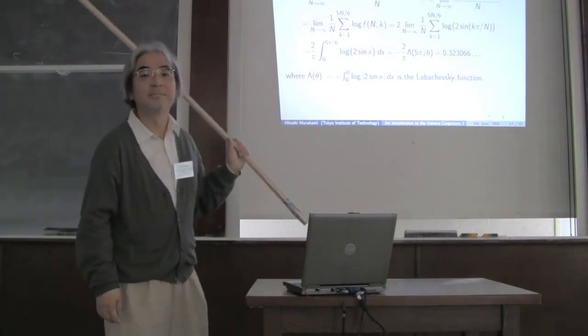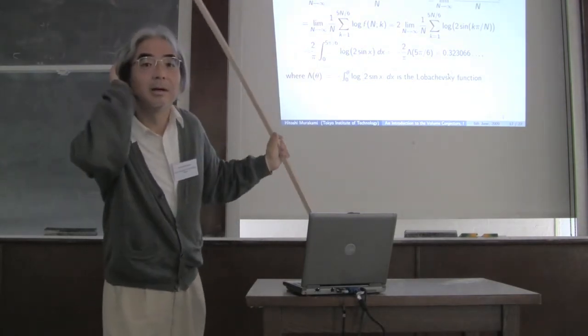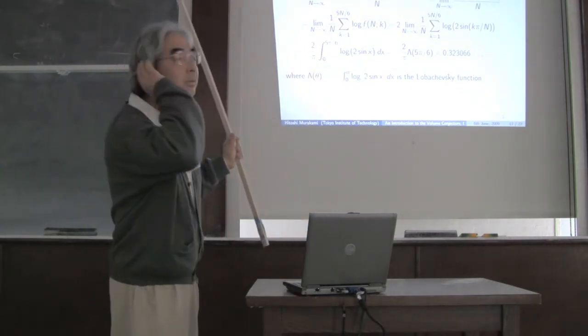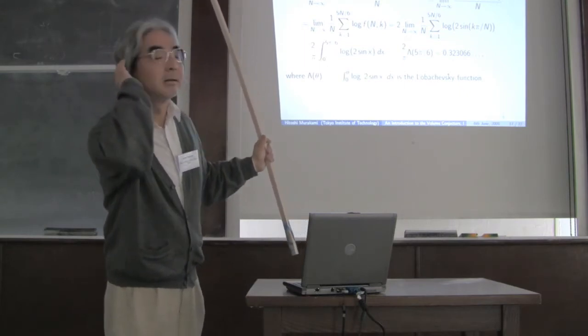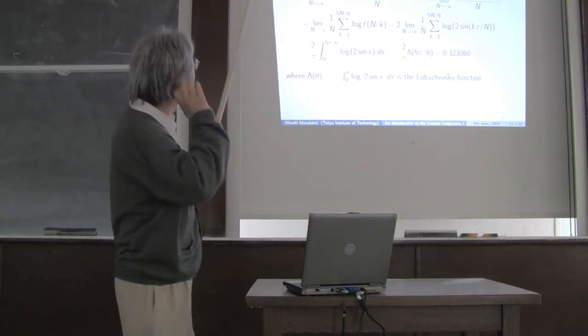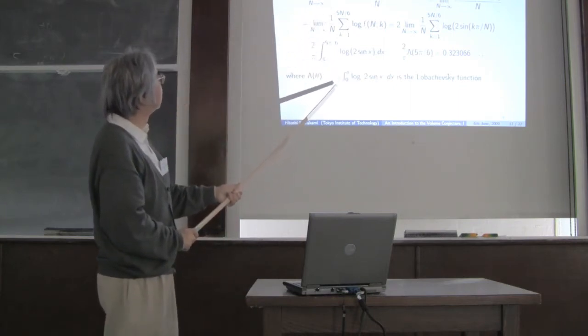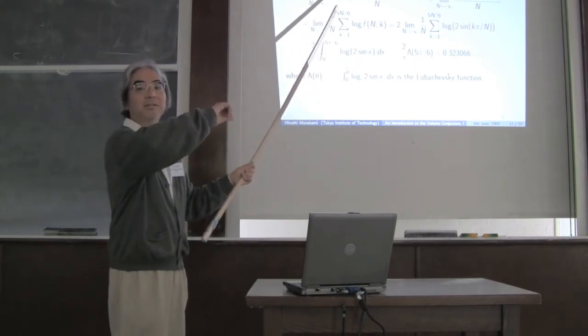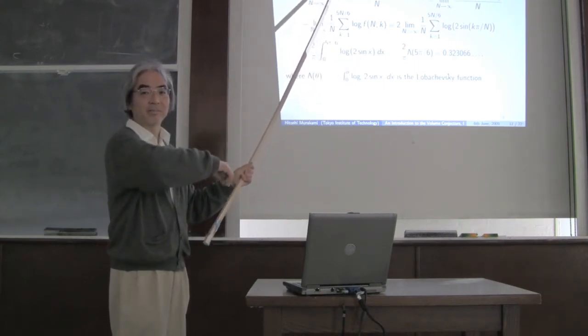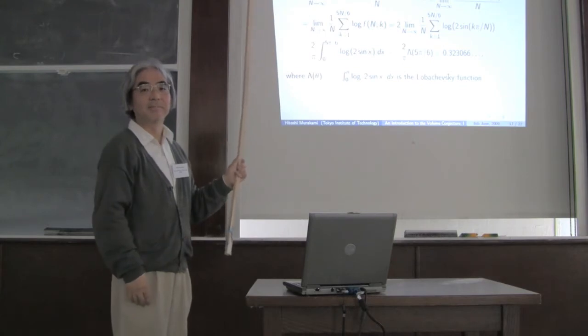Yes? Do you have too many minus signs? Are you sure about the minus signs? Because sine starts near 0, so the log starts negative. So we need a minus sign to make it positive.